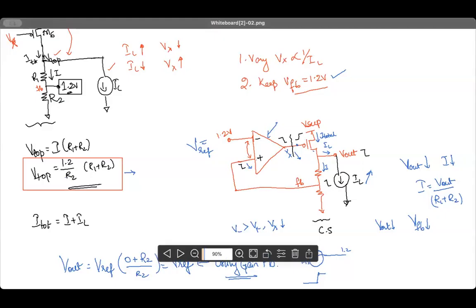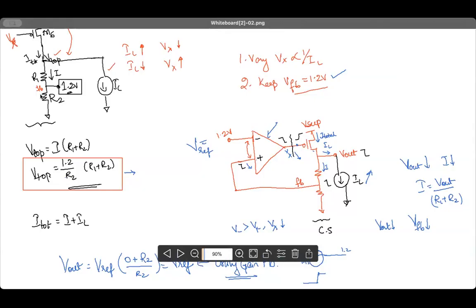We said, if there is a current I flowing through R1 and R2, and we somehow regulate the drop across the resistance R2 to 1.2 volt, the node V top will be nothing but I into R1 plus R2, where I is equal to 1.2 by R2. So we have a fixed I going through R1 and R2, and so we have a fixed V top. We can achieve this.